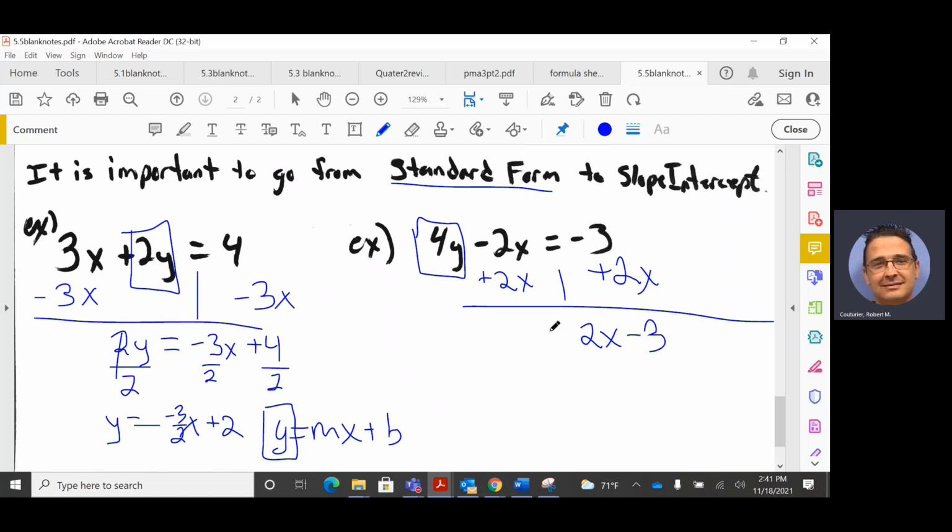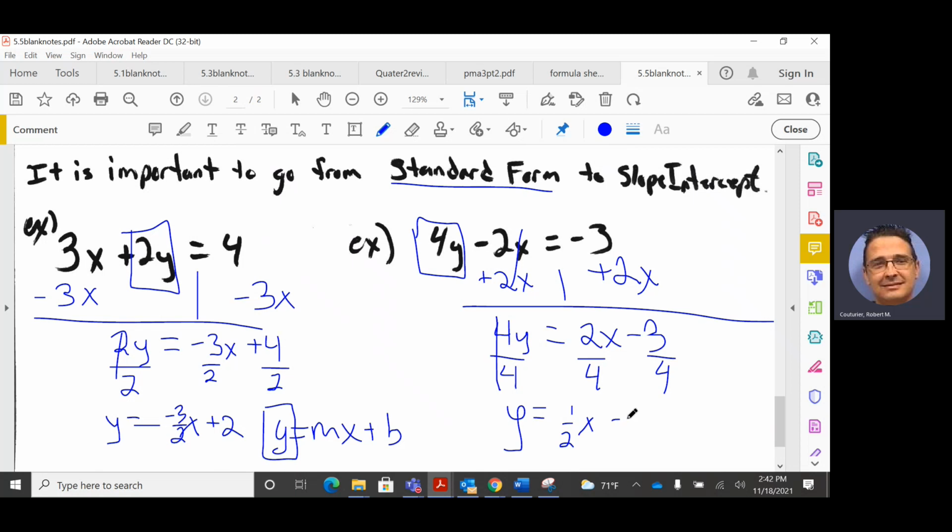You can just rewrite them. These cancel, and I'm left with a 4 and a y. Now, I have to divide every single term by 4. And these will cancel, leaving me with y equals. This reduces to 1/2 x.